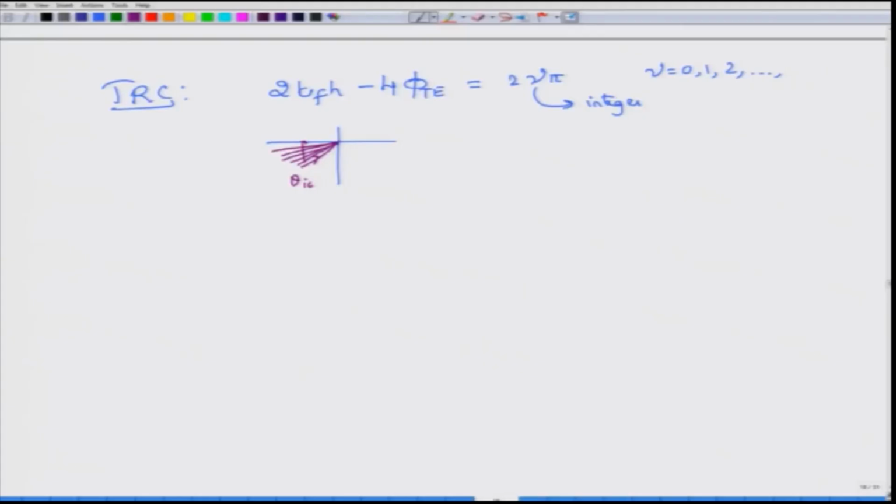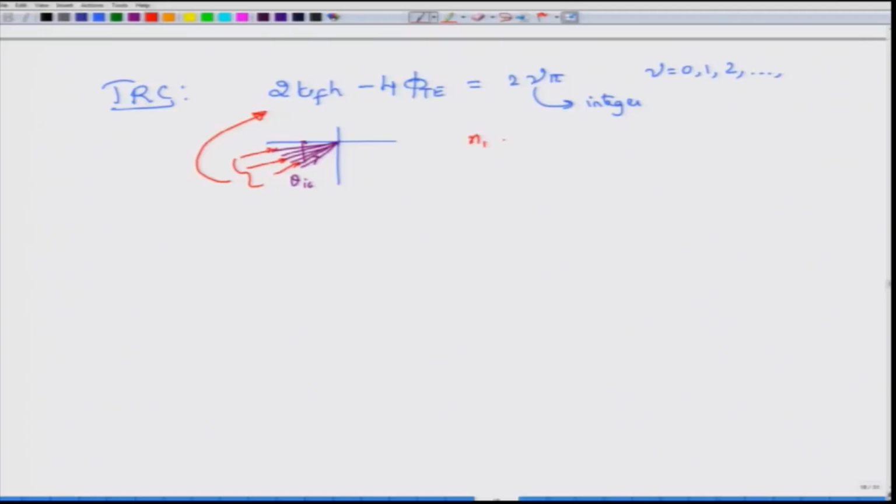Although each of them will experience total internal reflection, because they do not satisfy the transverse resonance condition, many of those angles will experience destructive interference and eventually die out. Only those specific values of theta, maybe this angle, this angle, this angle, which satisfy the transverse resonance condition will survive.